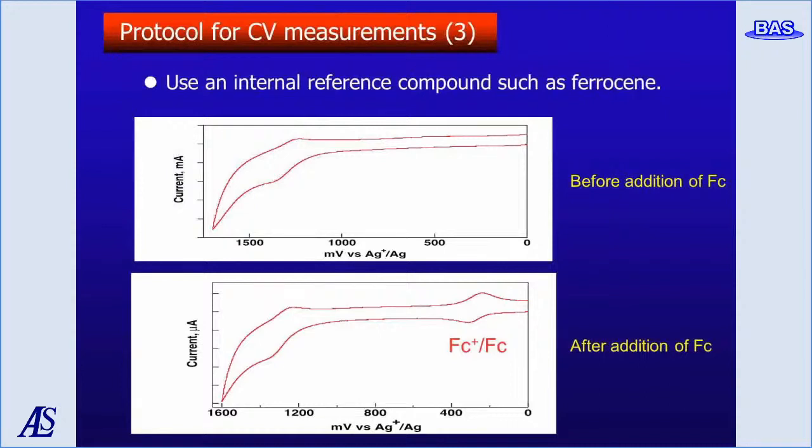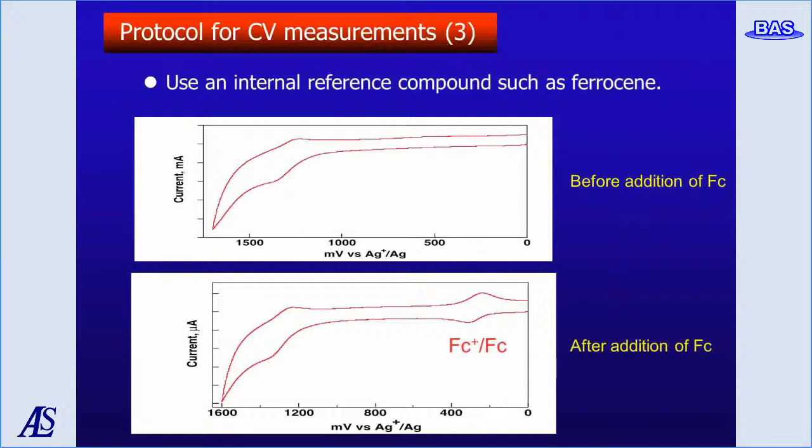After finishing all the CV measurements, particularly in the non-aqueous solvent case, ferrocene was added as the internal reference material into the analyte solution, and the CV was remeasured with the analyte. This ferrocene couple is the measure of reversibility for the analyte.